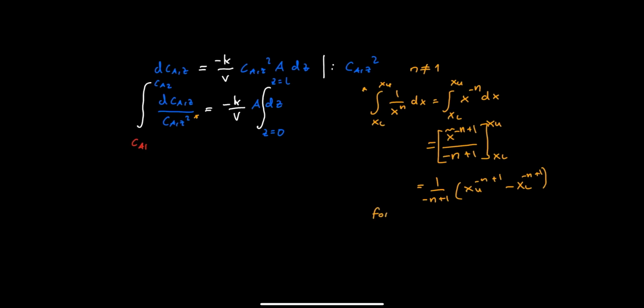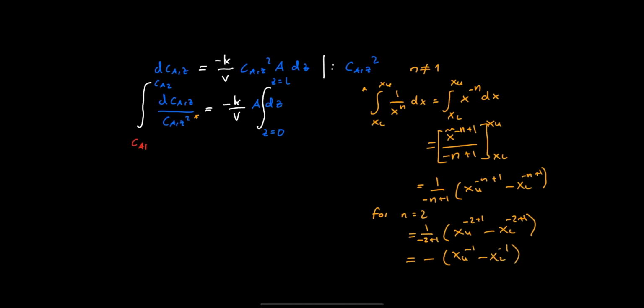And for n equal 2, which we have in our case, this is going to be 1 divided by negative 2 plus 1 times x upper elevated negative 2 plus 1 minus x lower elevated negative 2 plus 1. And this would be equal to negative x upper elevated negative 1 minus x lower elevated negative 1. And this would be equal to negative 1 divided by x upper minus 1 divided by x lower.